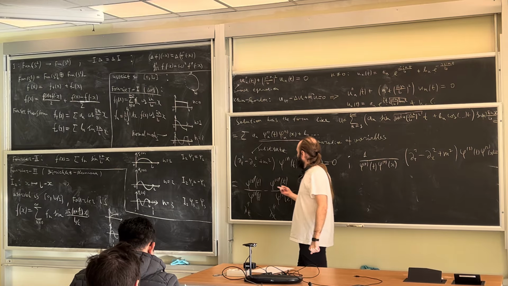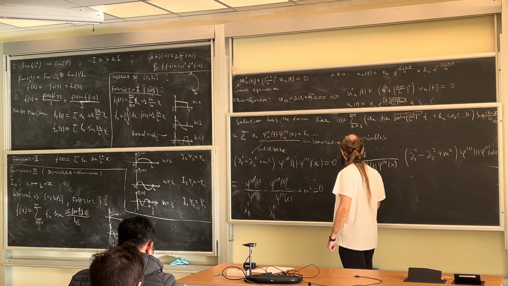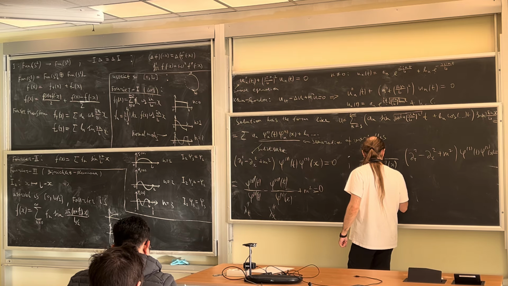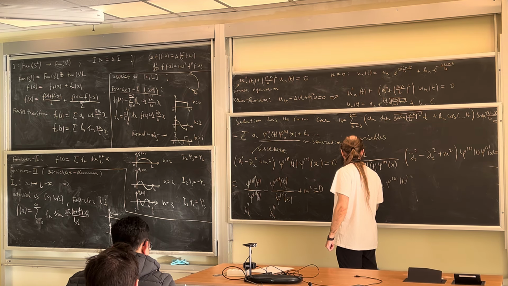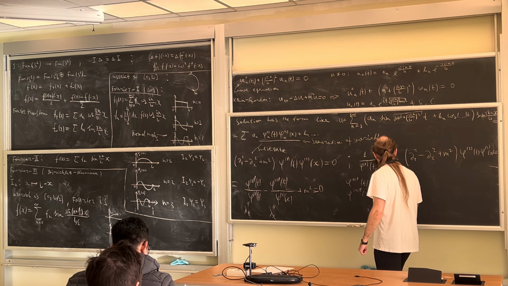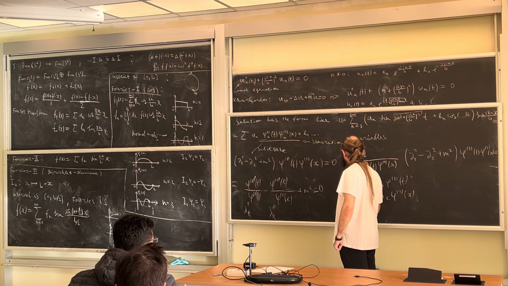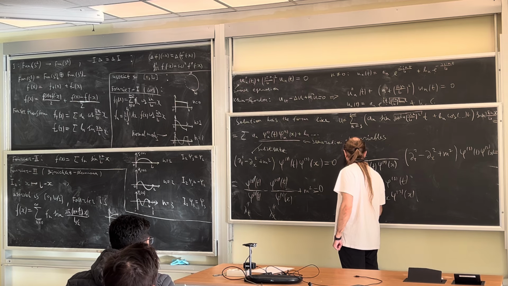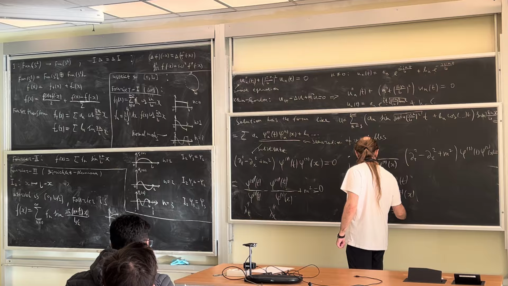So we'll need to solve equations like phi1 prime of t equals lambda t phi1 of t, and then lambda t minus lambda x plus m squared equals 0.